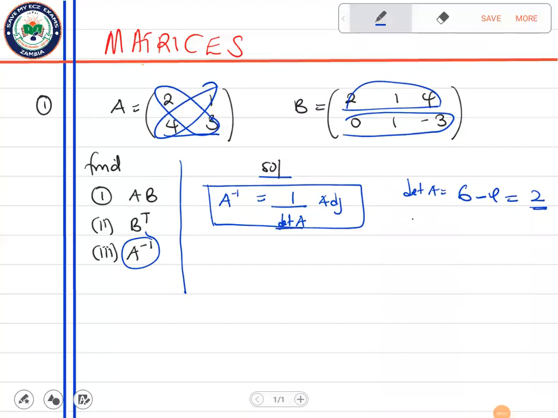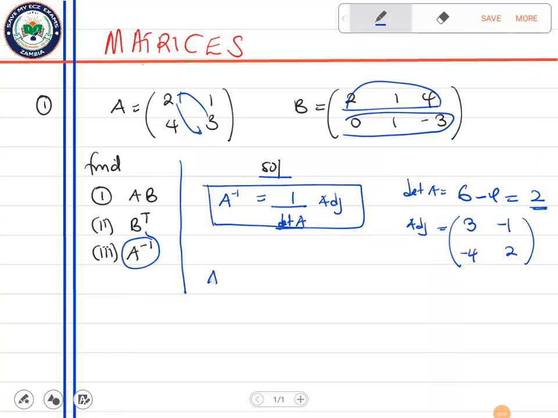Then the adjoint. To find the adjoint of a matrix, these two swap each other. So 3 goes there, then 2 goes there. Then these two change signs. This positive 4 becomes negative 4. This positive 1 becomes negative 1. That's the adjoint.